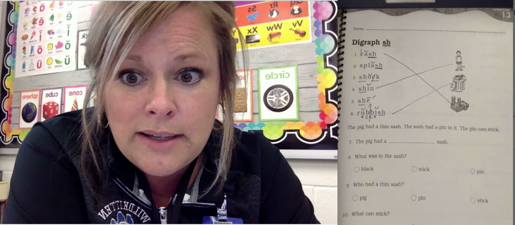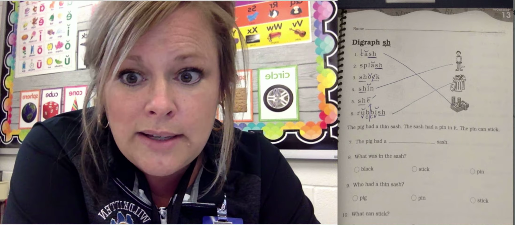Next is number 4, has the SH in the initial position, and it's marked short with the I because it's followed by a consonant. This word, when sounding it out, now that you've coded it and figured out the sounds, is shin, shin. Now your shin often gets bruises on it. It's your bone right here from kind of, I guess, your ankle to your knee. That's why we have shin guards in soccer.